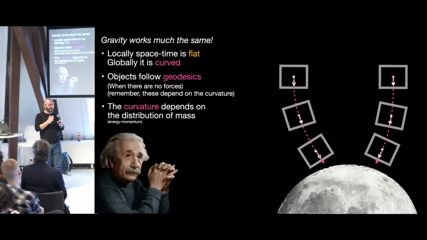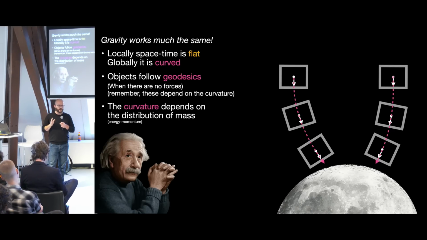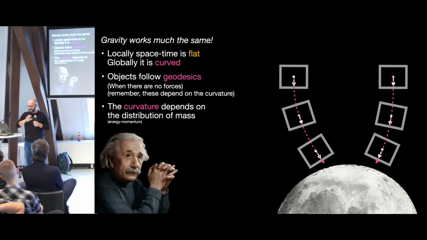So this makes the theory really quite difficult. You have masses in your spacetime that determine the curvature of this spacetime, and how these masses move in spacetime depends on how it's curved. So this is very much coupled. But I will not go into that too deeply.